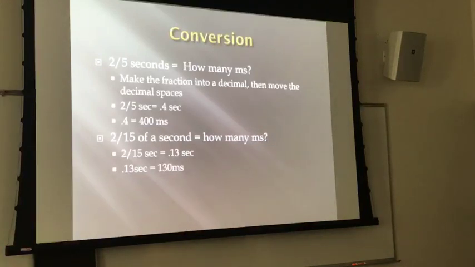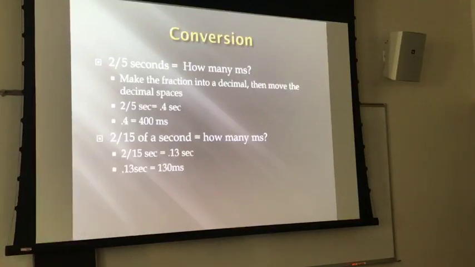So if we have fractions converting to milliseconds, now we've got to convert fractions to decimals and then convert to milliseconds. So 2/5 of a second, we've got to convert that to a decimal first. 2 divided by 5 is going to give you 0.4. So it's 0.4 seconds. But how many milliseconds is that?